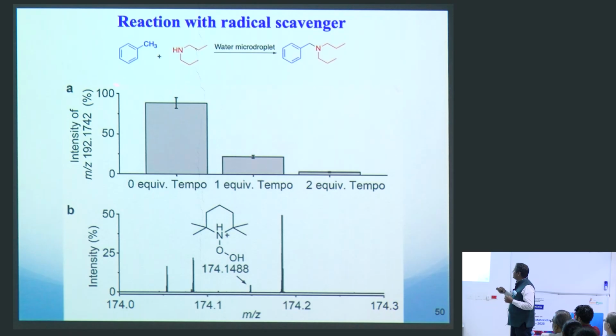That's what happened: we took the toluene, and with increasing equivalents of TEMPO, we are able to trap the radical intermediates. The benzyl radical has been trapped with TEMPO, which is a six-membered ring containing a nitrogen-oxygen compound; you can look up what TEMPO is. So TEMPO traps the benzyl radical, then there is no reaction. This clearly tells us that the reaction goes via a radical mechanism.